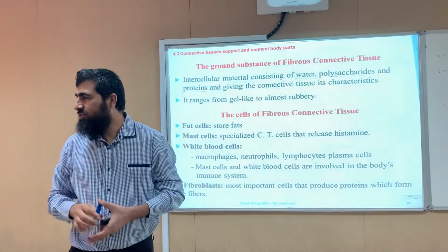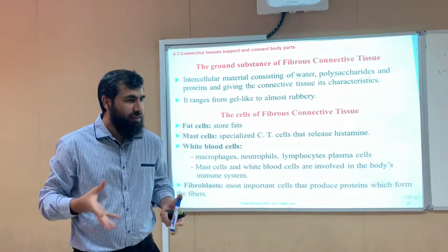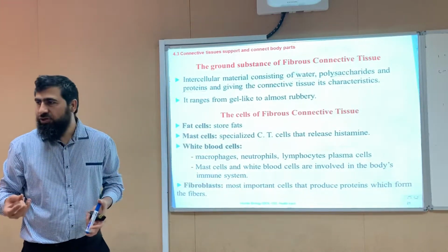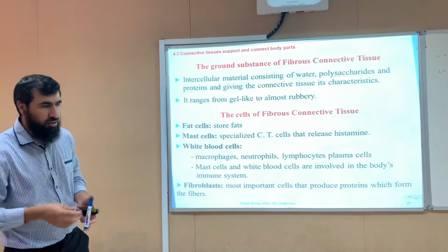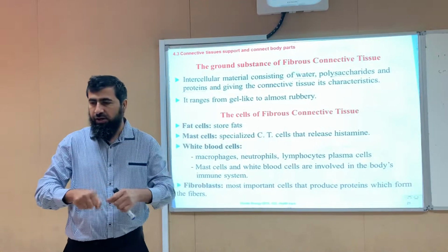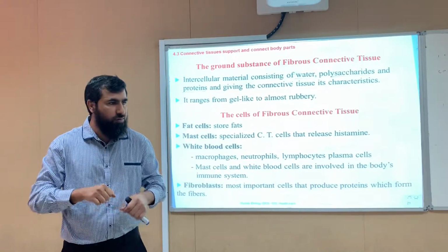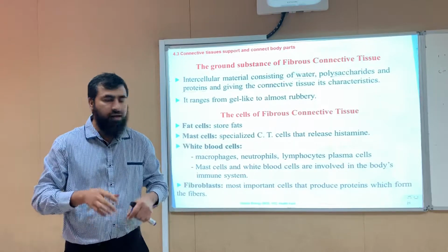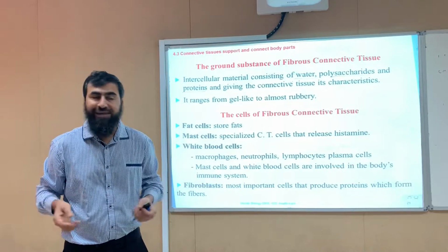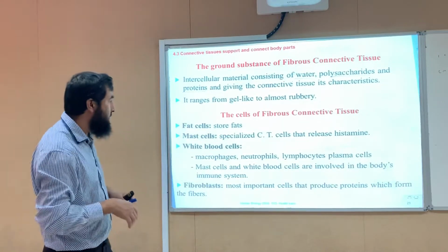So the loose, or in the liver or in the spleen, it's very soft. If you touch the liver, it's very soft, very jelly-like in consistency, or very rubbery, like the tire on your car. It's not rigid, but it's very strong and rubbery, like the tendons and ligaments in dense connective tissue.